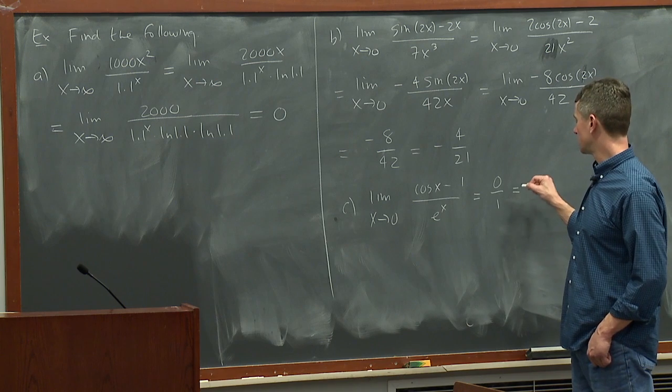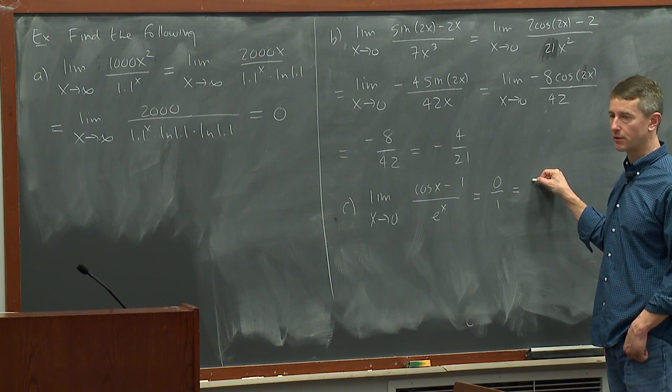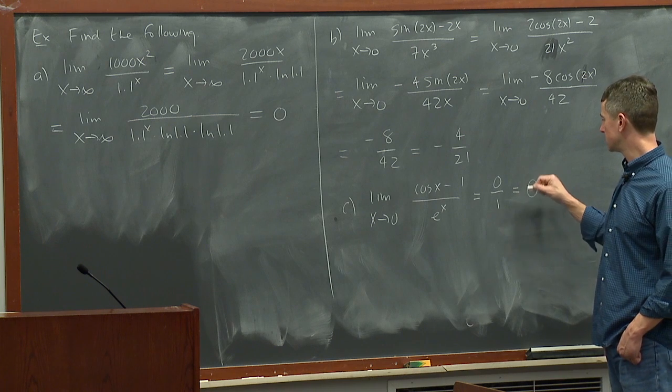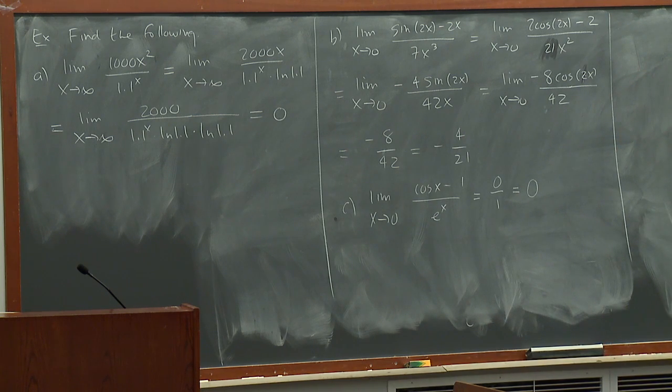No. Do we need L'Hopital's rule? We all know that 0 over 1 since 3rd grade is 0. Since 4th grade? Phil didn't learn that until 4th grade. So remember, we can only use L'Hopital's rule for 0 over 0 and infinity over infinity. All the other fractions we know how to handle.